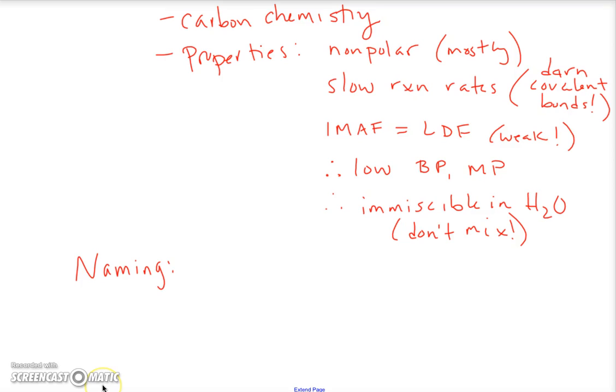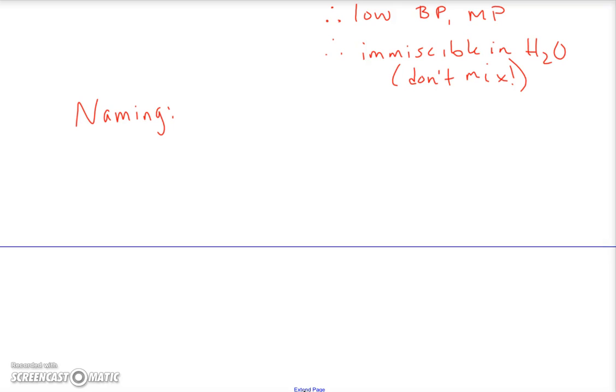All right, a little bit of naming information you'll need to know. You will use tables P and Q. I believe table P has the meth, eth, prop, but prefixes for 1, 2, 3, and 4 carbons and on.